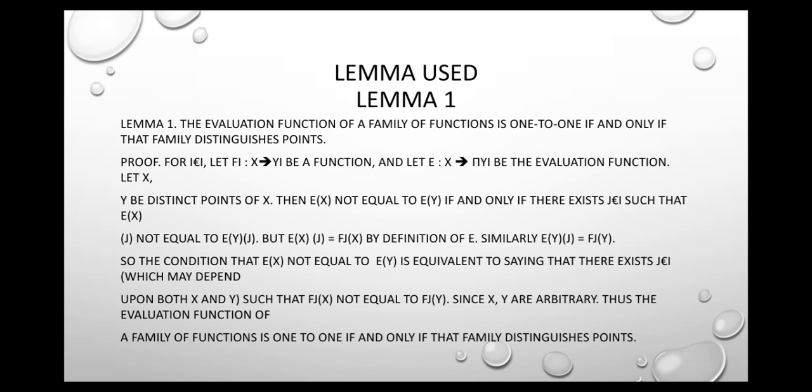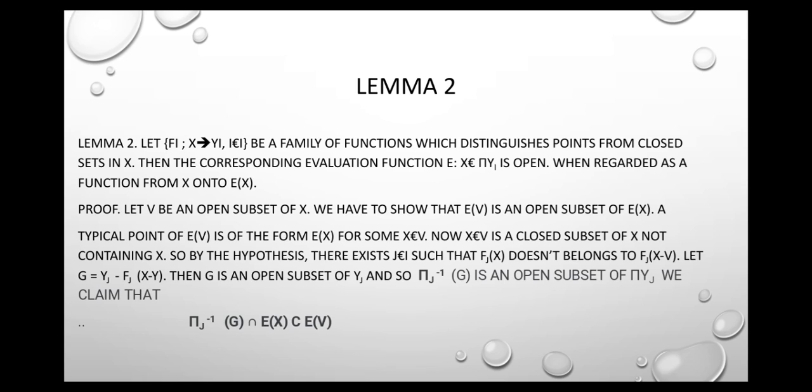Since x and y are arbitrary, the evaluation function of a family of functions is 1 to 1 if and only if that family distinguishes points. Then the second lemma.